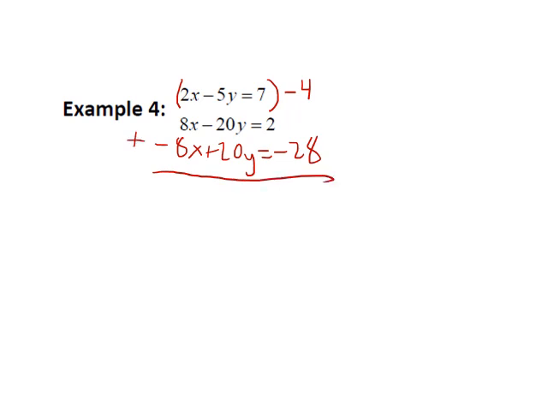When I add these together, my x's and my y's cancel. Equals -26. We haven't seen these types of solutions yet, but remember from the last video, when I get a false statement, my answer is no solution.